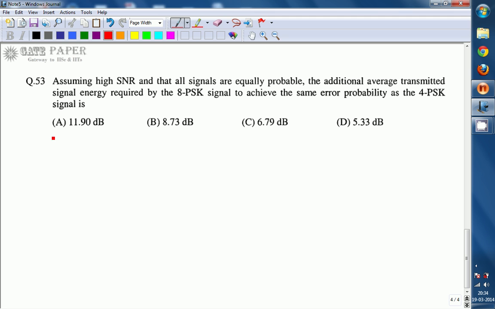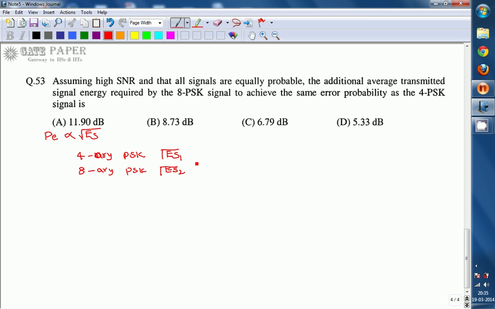Okay, here the probability of error, that is P of E, is always proportional to root ES. In the previous problem we have seen for 4 array PSK that the probability of error is proportional to root ES1, and for 8 array PSK root ES2.